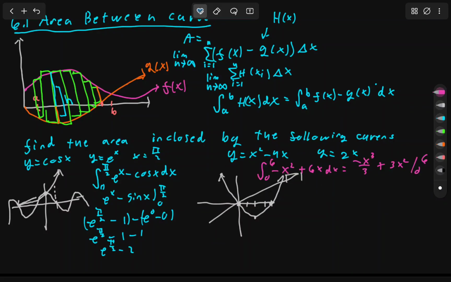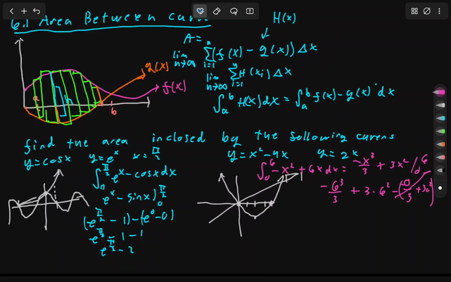Alright, now time for the very scary part, the arithmetic. So we will get negative 6 cubed divided by 3 plus 3 times 6 squared, minus 0 divided by 3, negative 0 divided by 3 plus 3 times 0 squared. So this is really just 0, so I'm just going to cross it out.